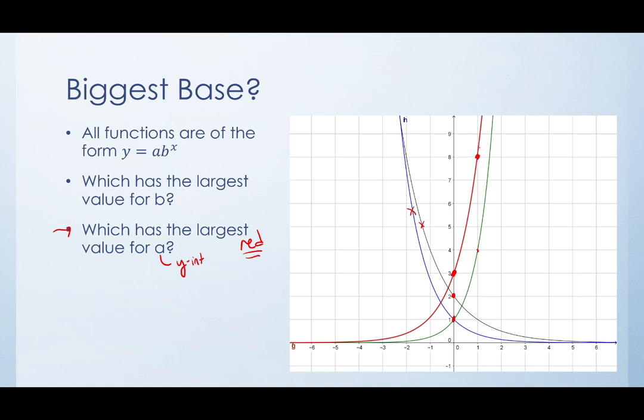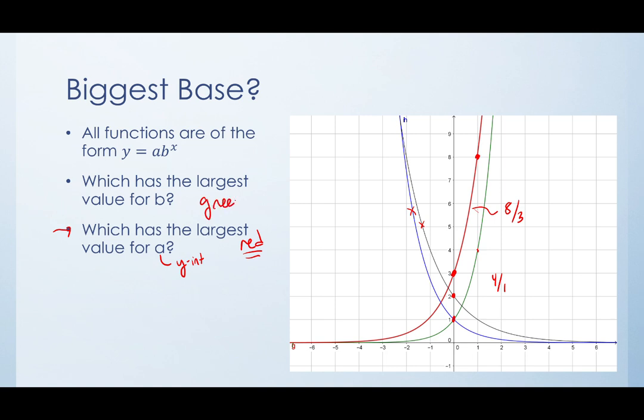This is where you have to remember, we don't want to look at the magnitude, we want to look at the ratio, right? The green has a ratio of 4 over 1, and the red has a ratio of 8 over 3. So the green one actually wins there. It has the larger ratio.